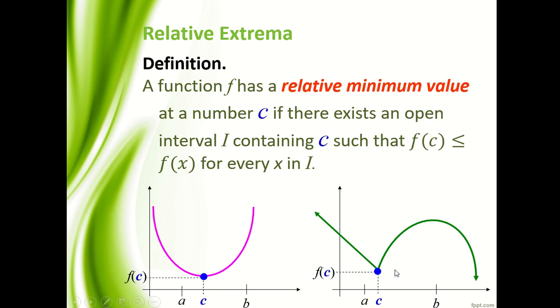And so it is with this one: we have the open interval a to b, so c here, f of c, the value of the function at this point, is less than or equal to f of x for every x within this open interval I from a to b.